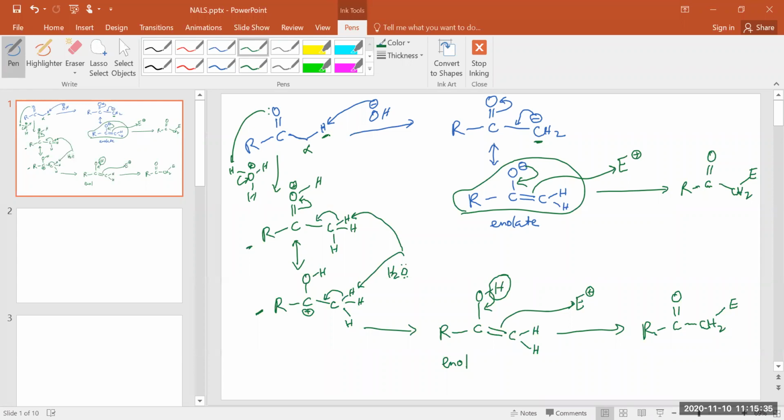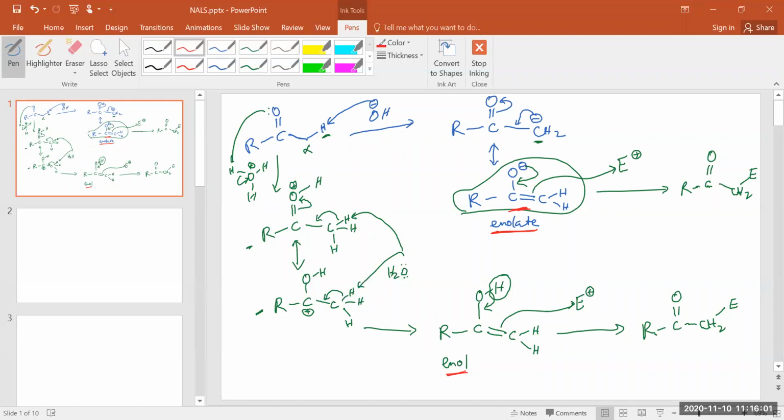So now see the slight difference here, O minus here, because O minus is a better nucleophile. Here the electron density is more. So you can see the enolate is a stronger nucleophile than the enol.